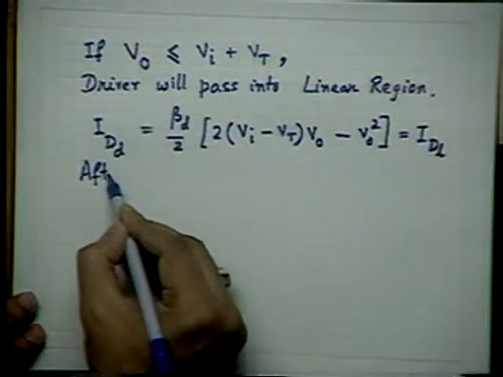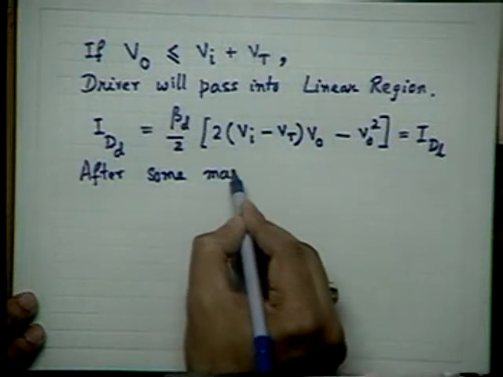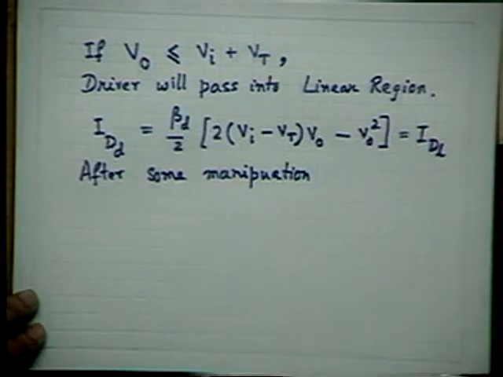Ultimately, if you do that, after some manipulation, what do we get? We get a relationship between the output and input, the so-called transfer relationship.